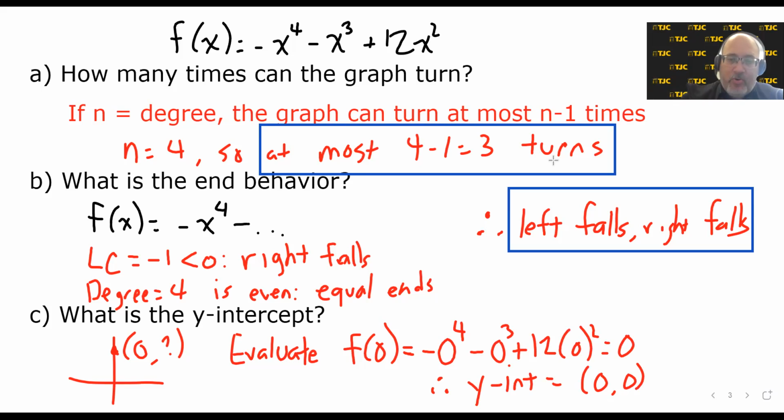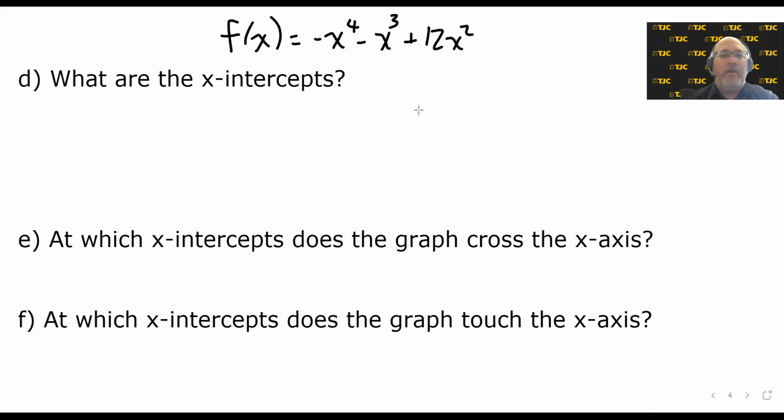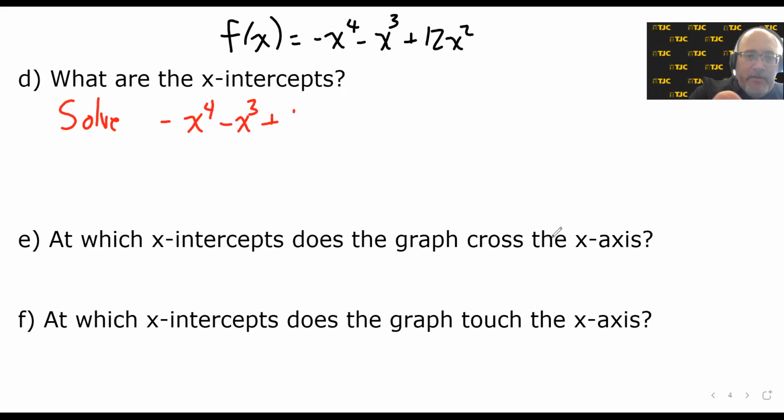Now, since it goes through the origin, that's a y-intercept, but it should also show up as an x-intercept, which it will here in just a second. What are the x-intercepts? Well, as we saw previously, to find the x-intercepts, we have to solve 0 equals, or rather, either way is fine, solve the function is equal to 0.